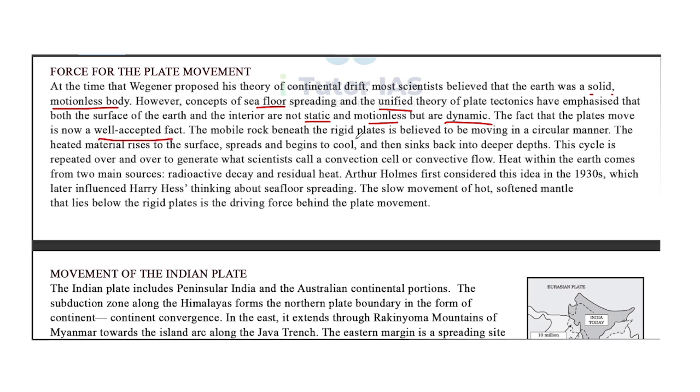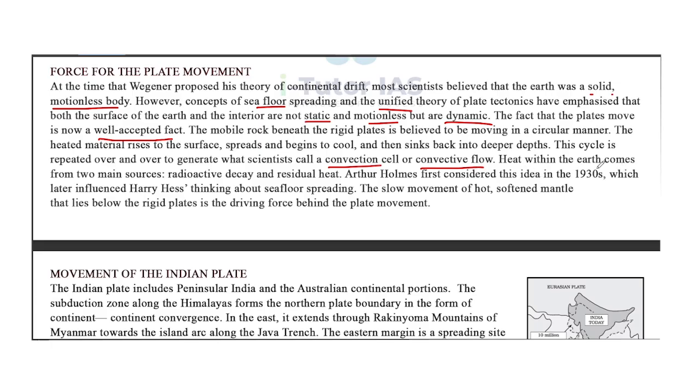The mobile rock beneath the rigid plates is believed to be moving in a circular manner. The heated material rises to the surface, spreads and begins to cool, and then sinks back to the deeper depths. This cycle is repeated over and over to generate what scientists call a convection cell or convective flow.